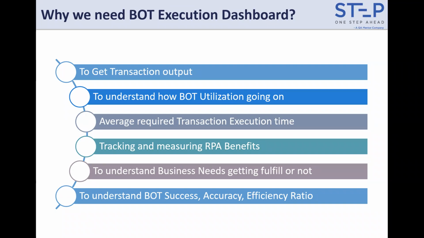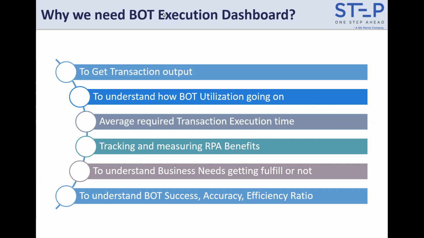If I have to execute around 20 or 24 transactions daily, for example, then I need to check whether my transactions are getting executed properly and on time or not.